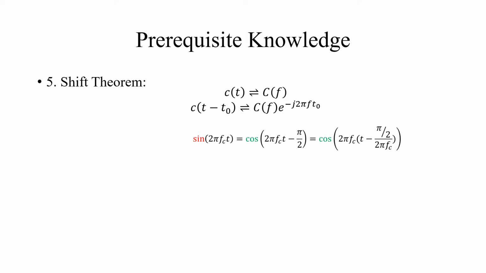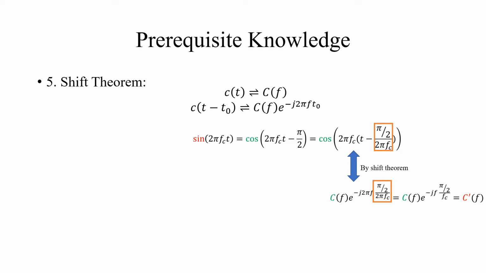We know that sine 2 pi f_c t is equal to cosine 2 pi f_c t minus pi over 2, and we can factor out the 2 pi f_c to get this last thing right here. And by the shift theorem, we can say the corresponding Fourier transform is this thing below. Notice that the t0 term from above is equal to the pi over 2 over 2 pi f_c term here.